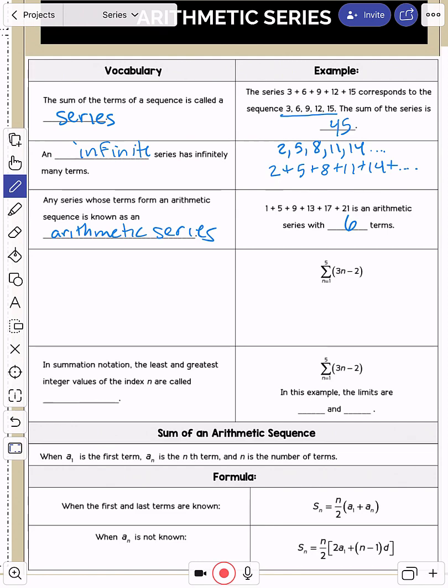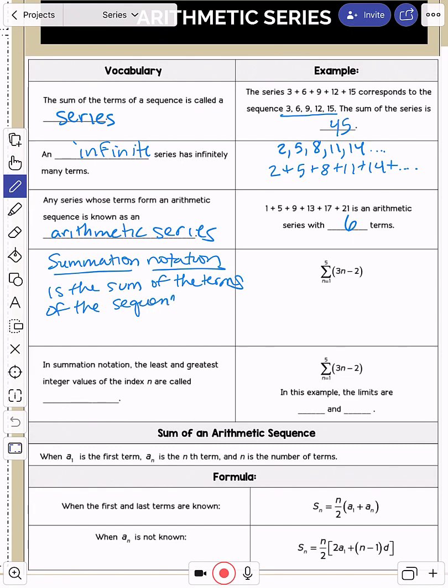A lot of times, well actually almost all the time in math, we use a notation that's called sigma or summation notation. And so summation notation is the sum of the terms of the sequence that we denote the sum from, sometimes we use k, sometimes we use n.